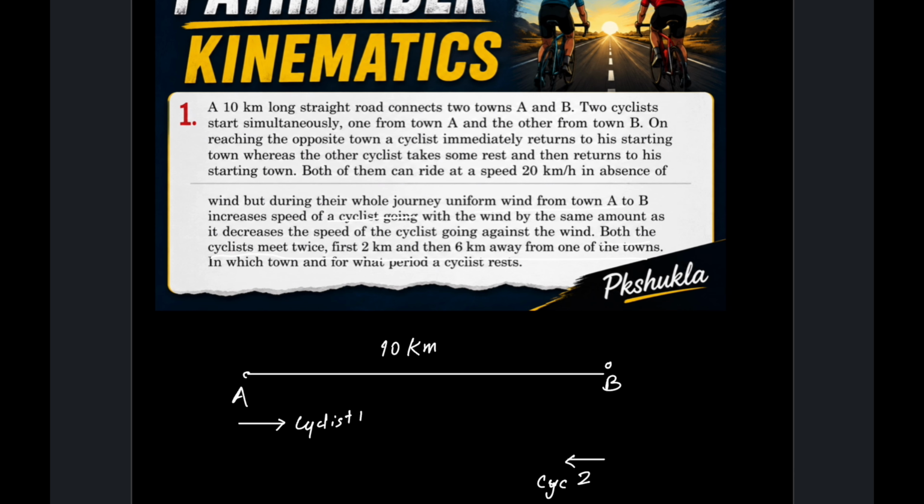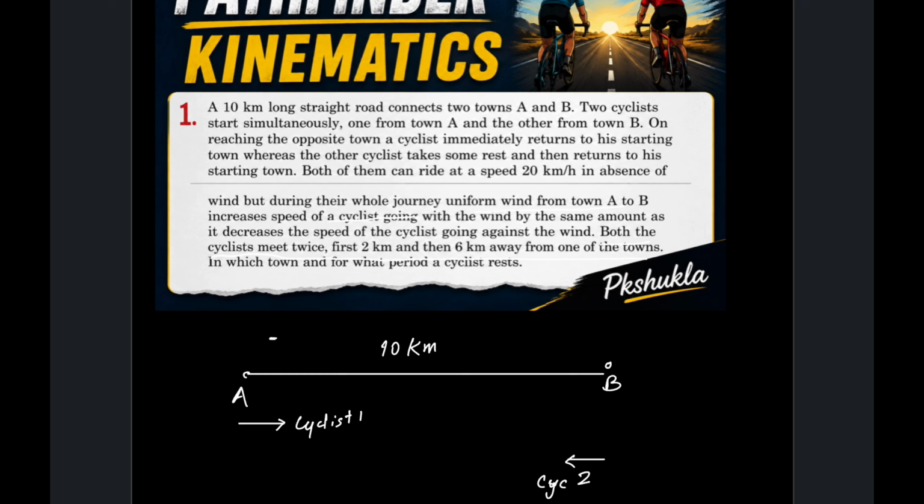Both of them can ride at a speed of 20 km per hour in absence of wind, but during their whole journey, uniform wind from A to B increases the speed of cyclists going with the wind by the same amount as it decreases the speed of cyclists going against the wind.